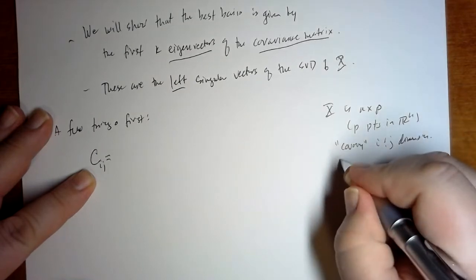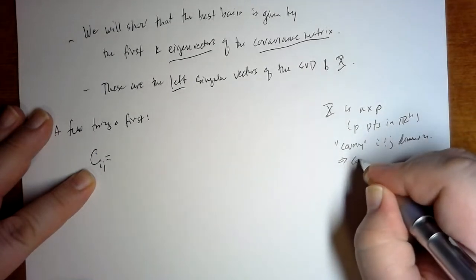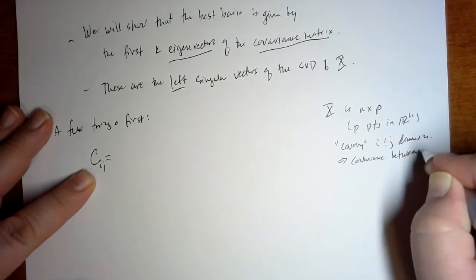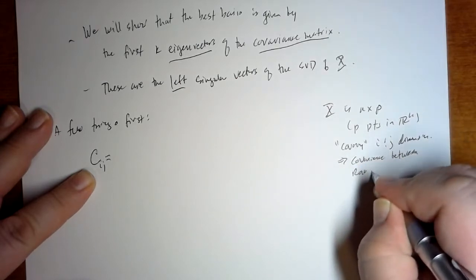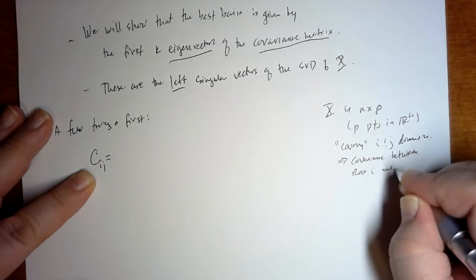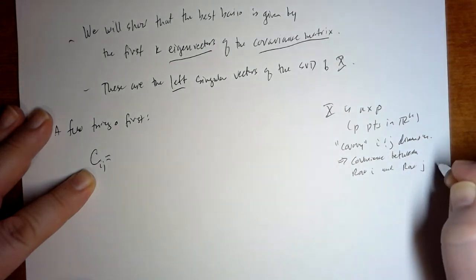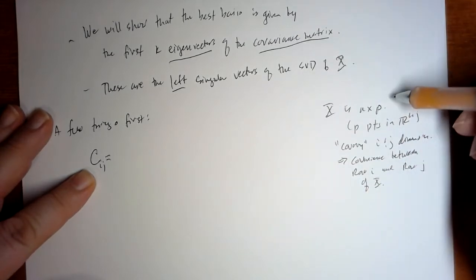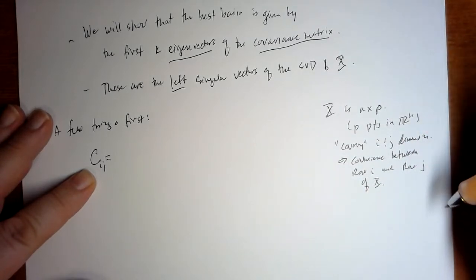And that means it's the covariance between row i and row j of the data as defined here, because our dimensions are in the rows.